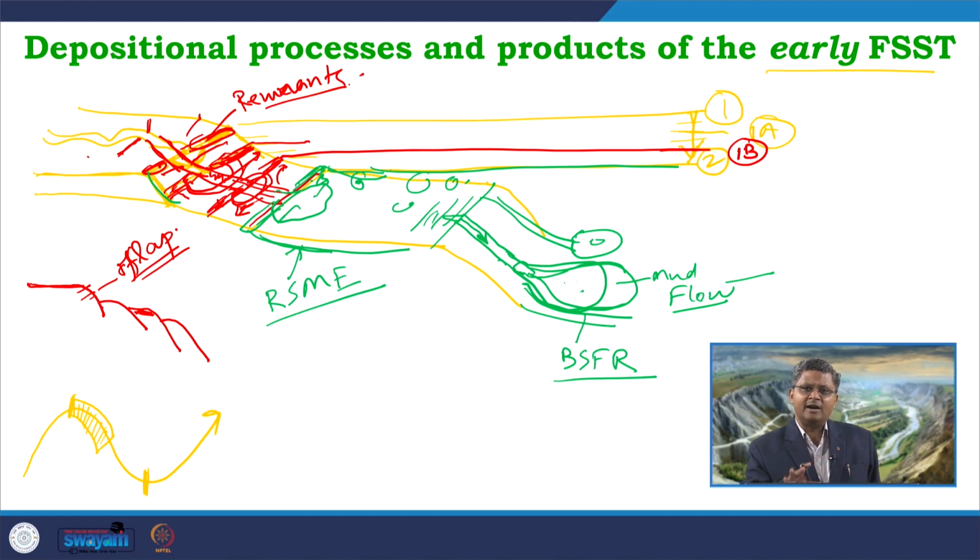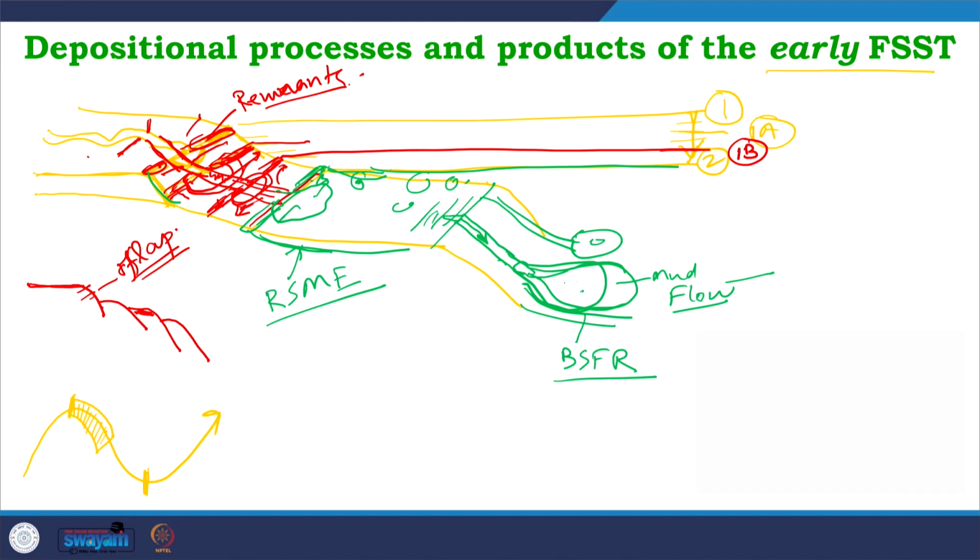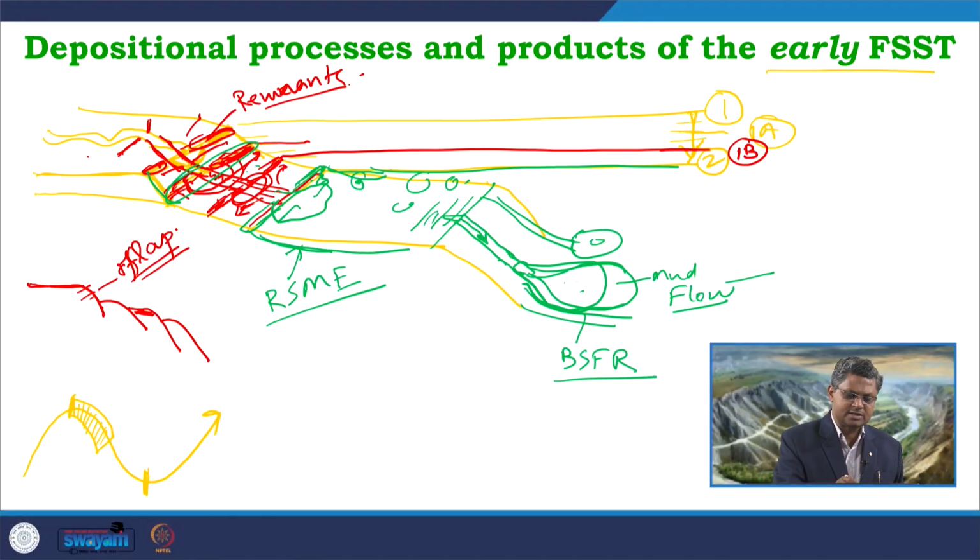So, during this early phase of forced regression, early phase of FSST, several processes are going on across the basin. If I want to summarize them, if I want to jot them down one after another: most of the sand will accumulate during this stage within the detached and offlapping shoreline to upper shoreface systems, because these portions are the sand depositing portions.